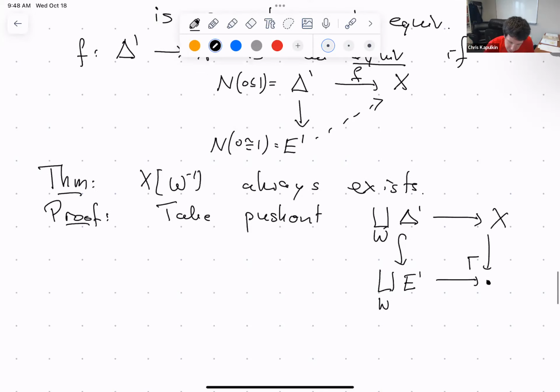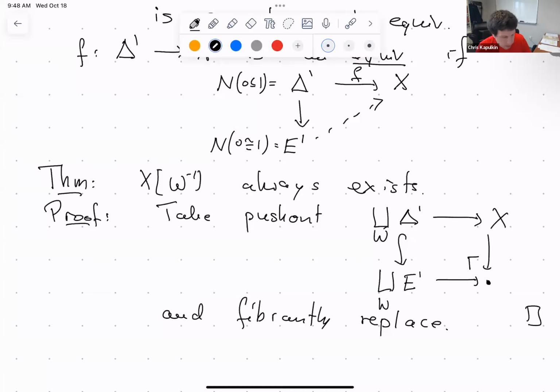Except we're not done, because the result won't be a quasi-category. So we need to fibrantly replace, and fibrant replacement is, of course, very hard. So once again we arrived at something that's in general unworkable.